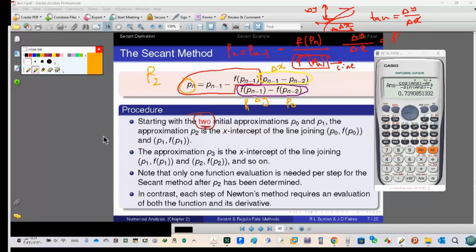In secant, we have to start from P2. Why? Because in the exam, I have to give you two points, not one, P0 and P1. Based on that, you can calculate and find the result.